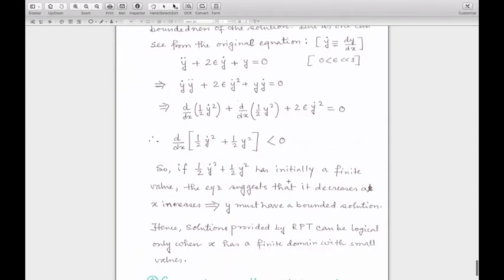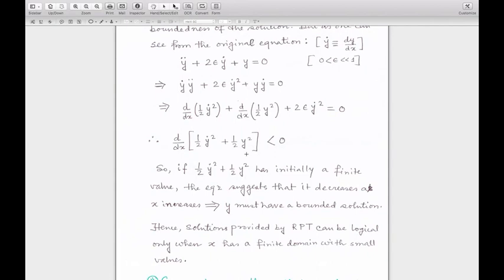That simply says that if the initial value of this total thing, half y dot square plus half y square, is a finite value, which is completely reasonable, then with increasing x its value is decreasing. So what can be the minimum possible value? That will be 0, because it is the sum of two squared quantities, so it cannot go negative.